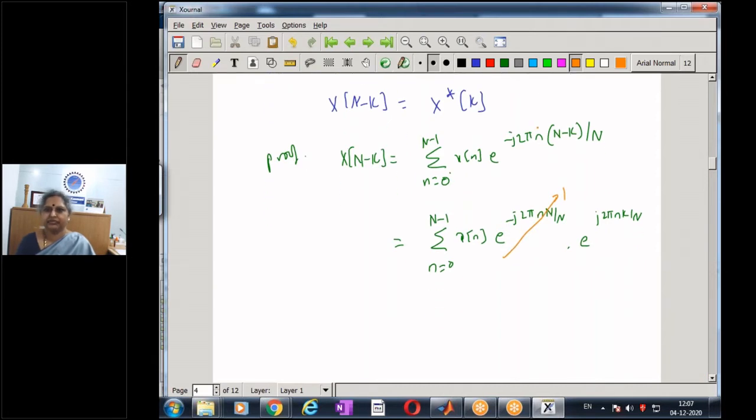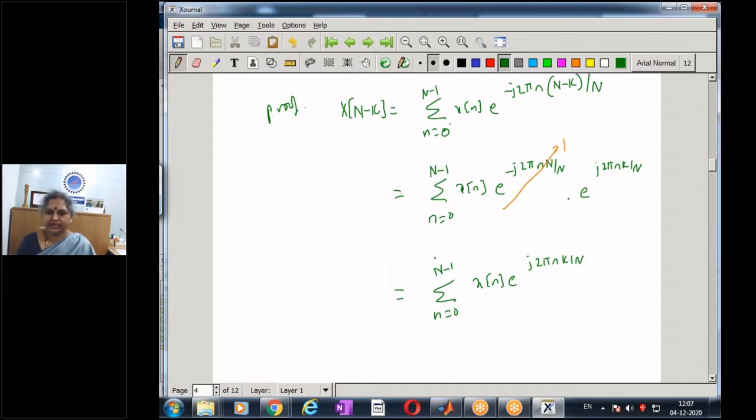And what we have is sigma n equal to 0 to N minus 1 x of n e to the power of j 2 pi nk by N.